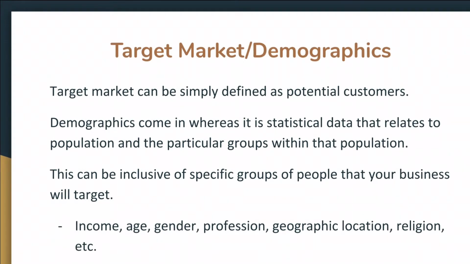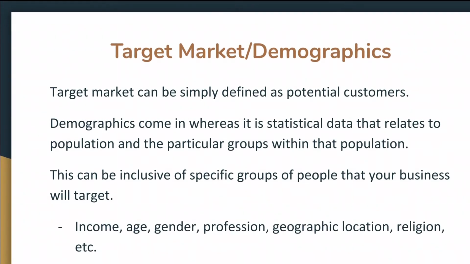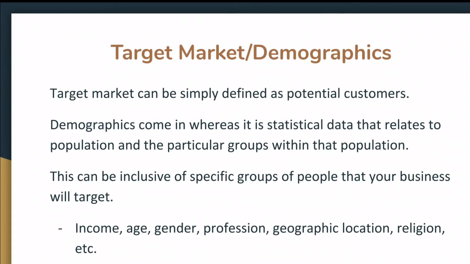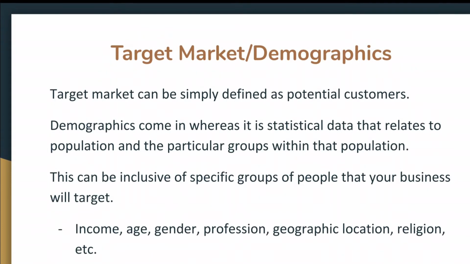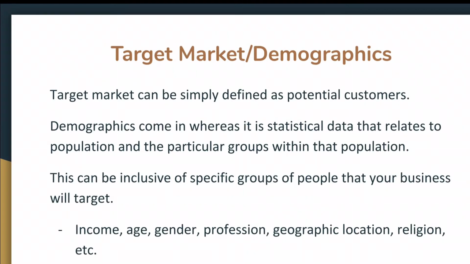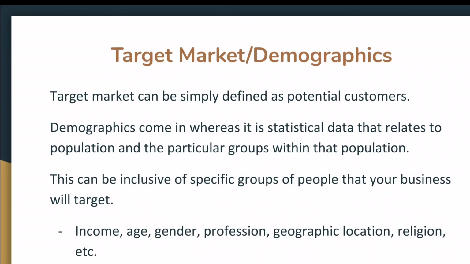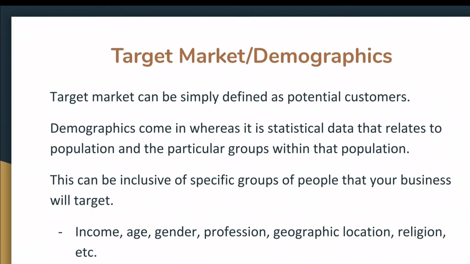Once you decide that you want to target people who are between the ages of 18 and 50, you can then define it even deeper and look into that age range as well as the income and household income.